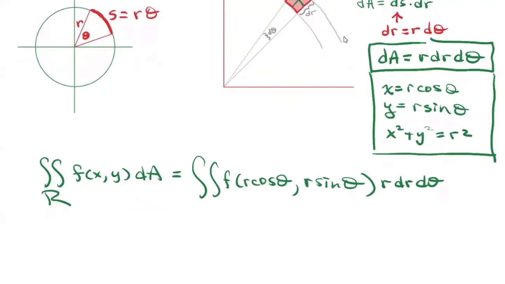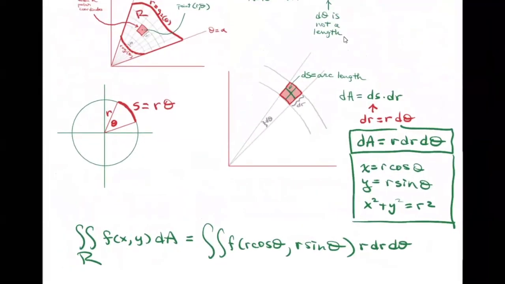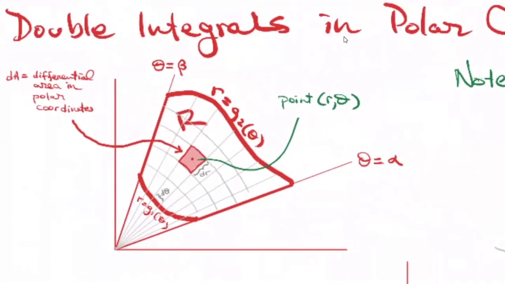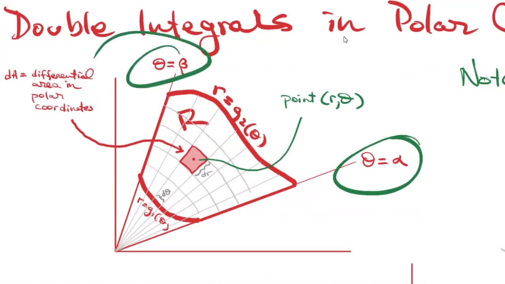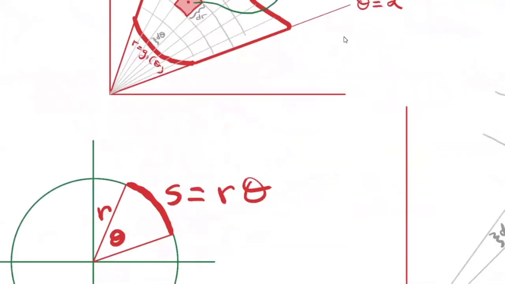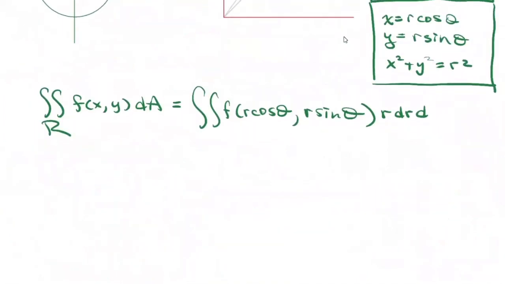Okay. And then you can go back to the original picture up here. Remember, we had r going from g1 of theta to g2 of theta. And then theta went from alpha to beta. So those are the limits on your integral. So r has to go from g1 of theta to g2 of theta, and then theta has to go from 0 to 2 pi.